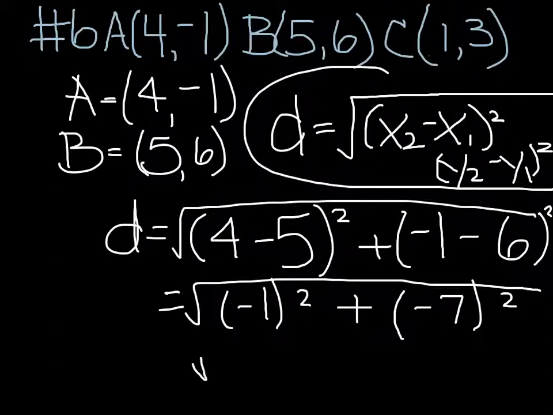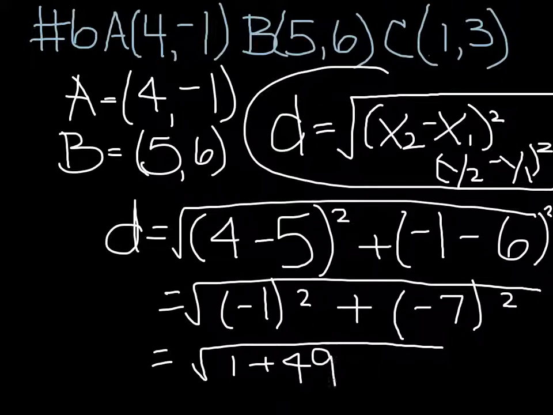And then 1 times 1 is 1, so 1 plus 49 will equal 50. That equals the square root of 50. So that's for the first one.